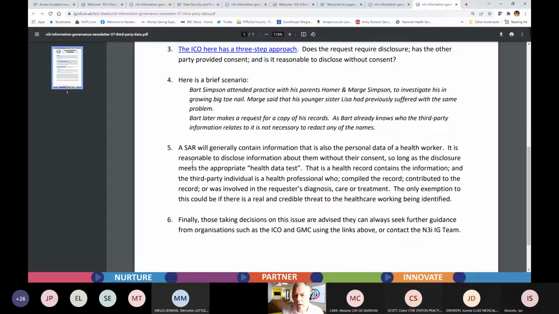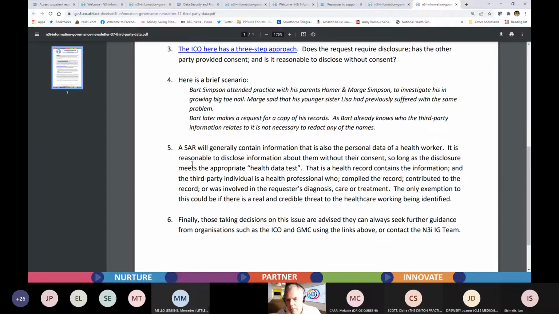So if a patient, for example, always attends the practice with a sister or someone like that, or, as in the discussion here, he's gone with his parents, you wouldn't later on, when they ask for that information, redact it because they know the information already, that they were there and they were party to it. So if the person knows the information, it's not necessary to redact it.